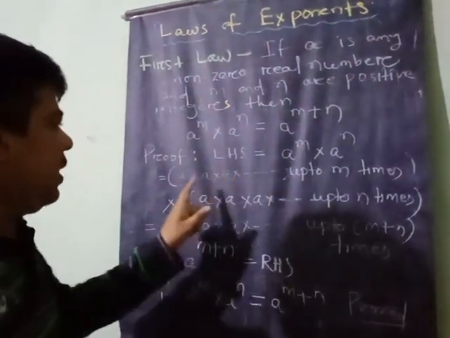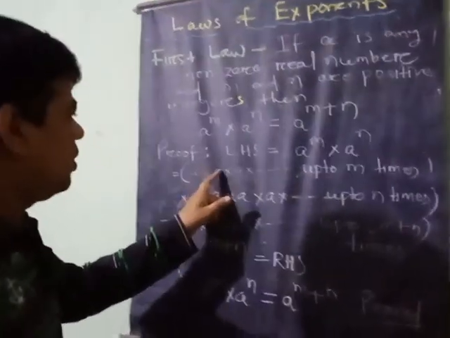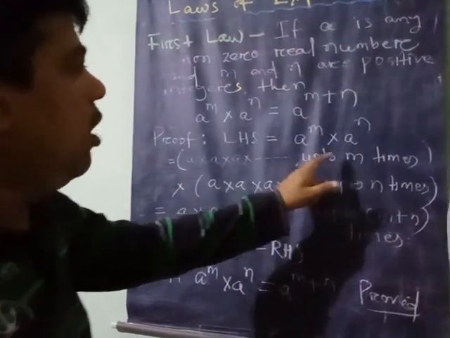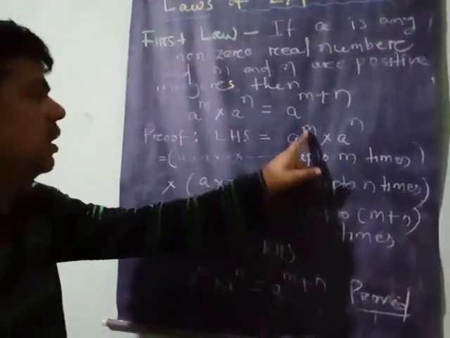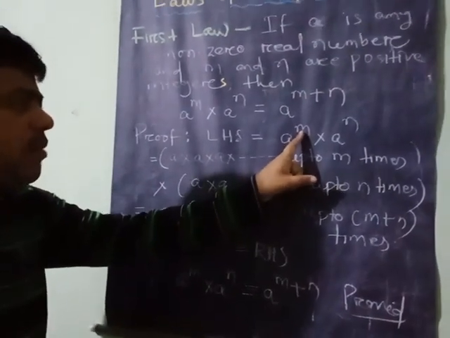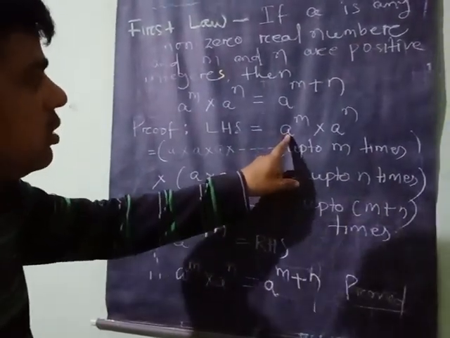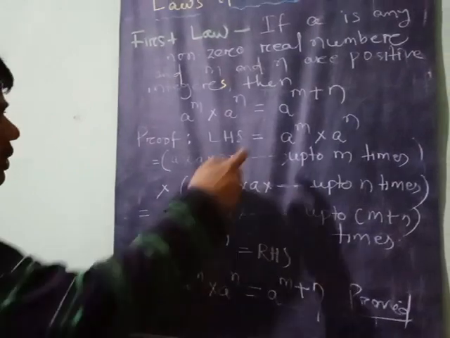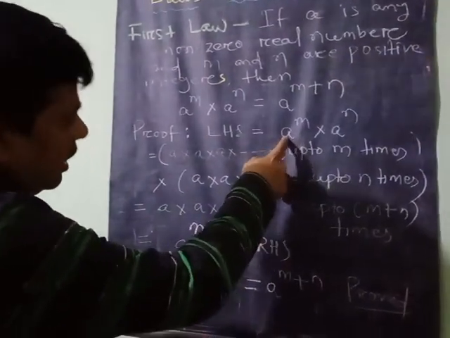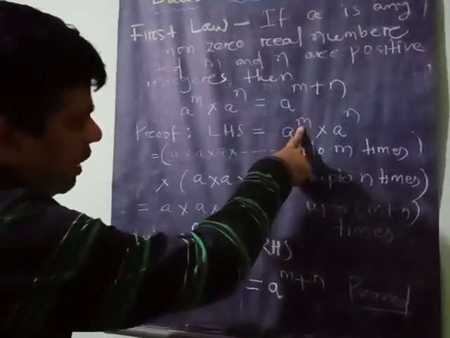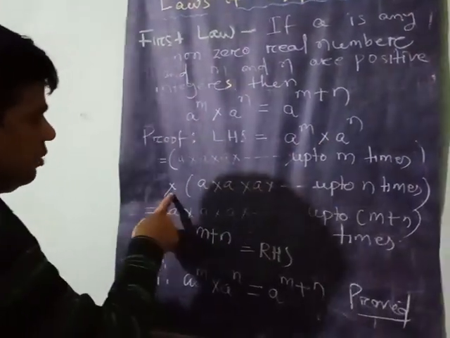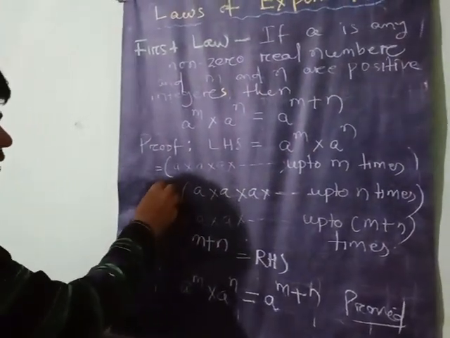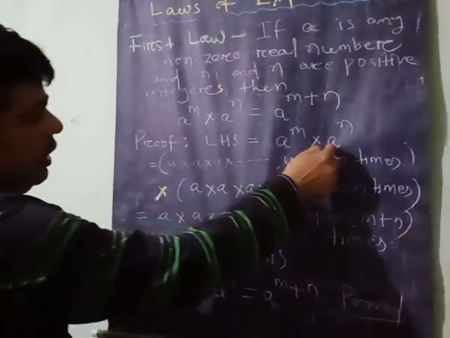Here a to the power m is equal to a into a up to how many times? M times, because the power is m. Understand? The power of an exponent tells how many times a number is used in the multiplication. So the base a is used m times in the multiplication. Then let us put the multiplication sign.